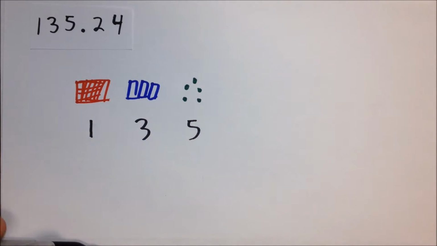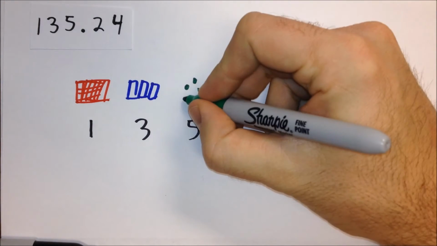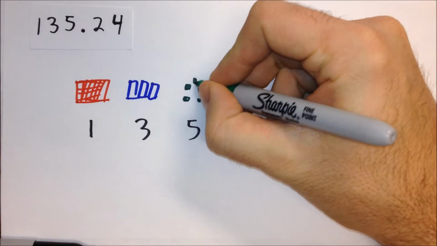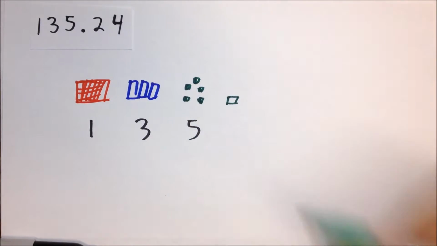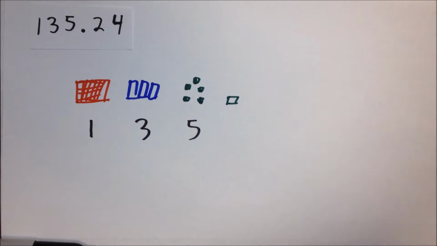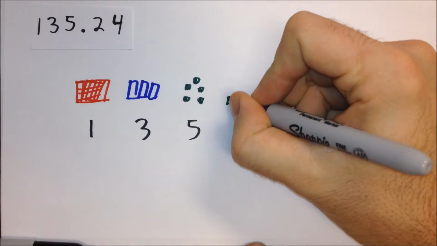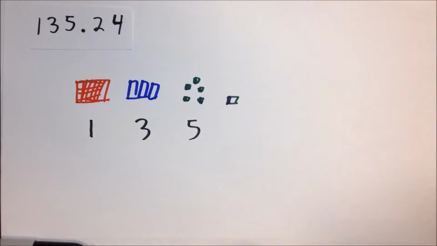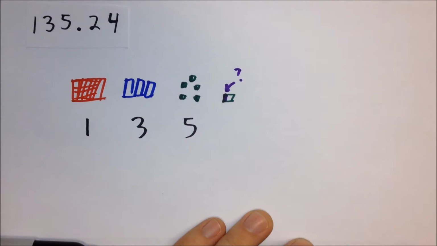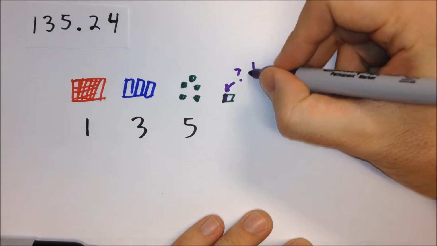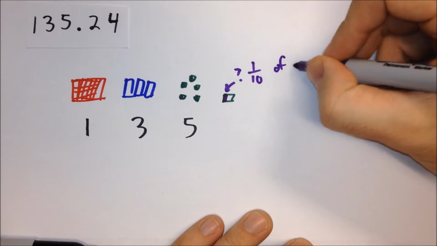But what if you have something that's smaller than a block? So what if we take these 5 blocks, what if we have a piece that's, instead of being the size of a block, what if that piece is just some smaller portion of the block, like say this purple strip right here that I'm trying to draw? How much is this little piece right here? Well, it turns out that strip is 1/10 of a block.